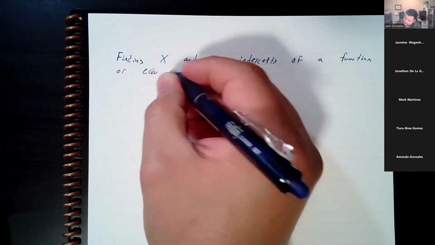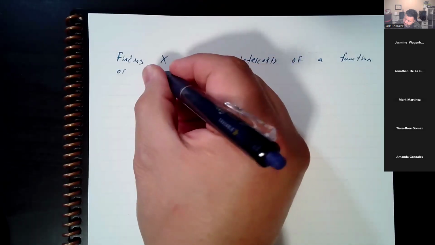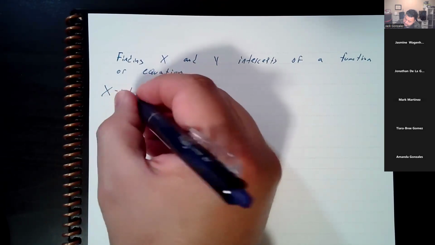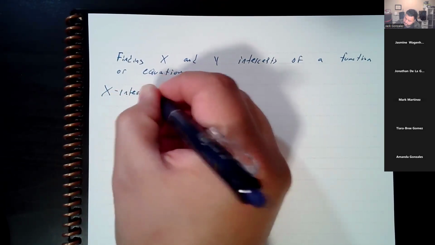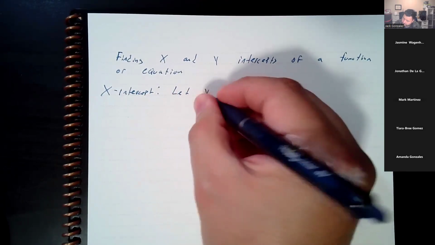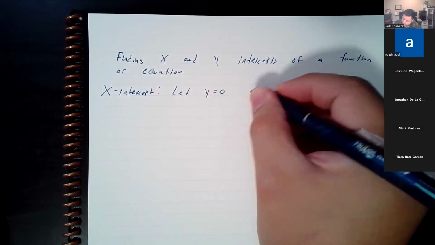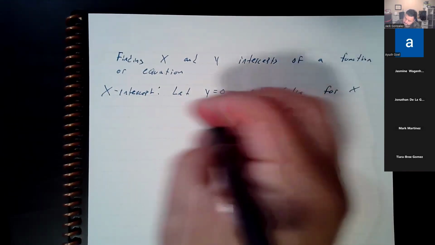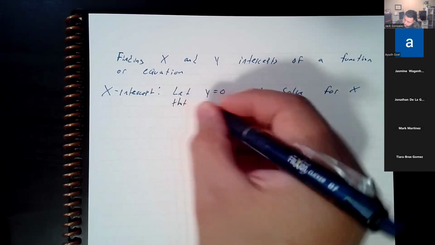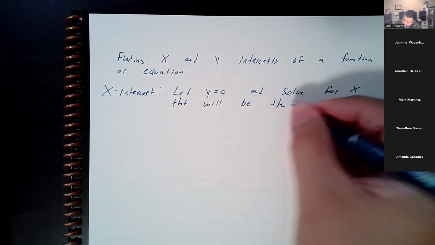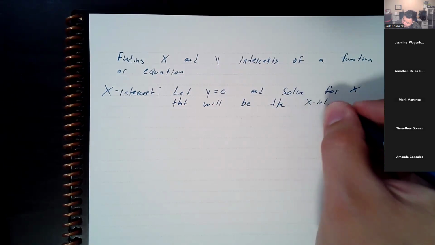To find the x and y intercepts of your function or equation, this is what you got to do. To find the x-intercept, let y equal 0 and solve for x. That will be the x-intercept, assuming there is a solution.